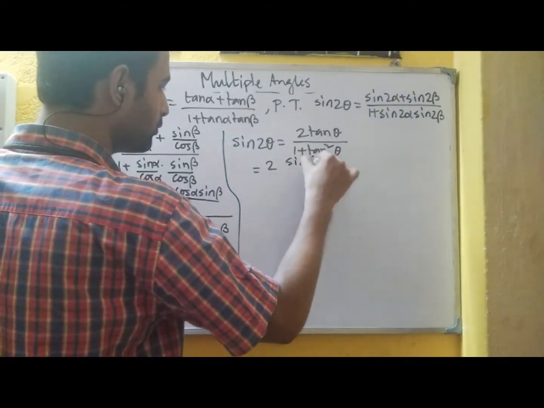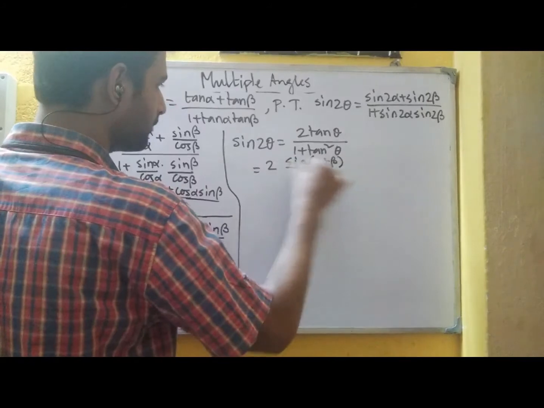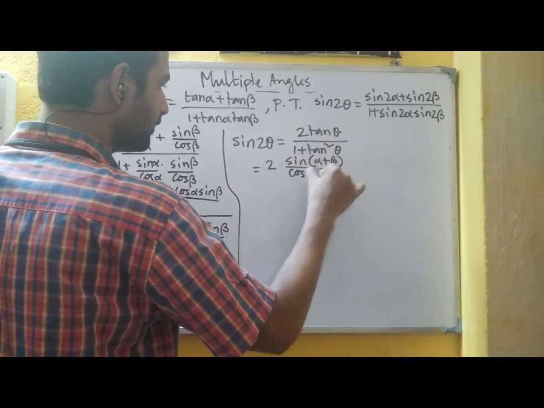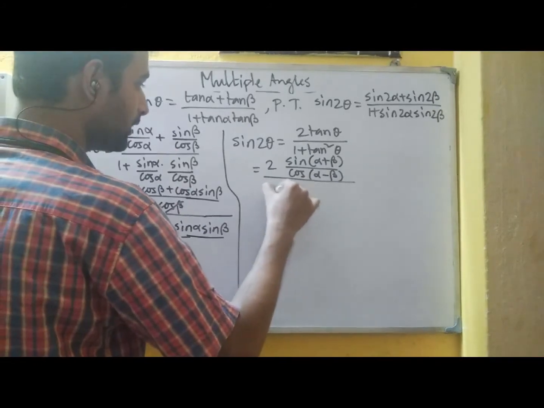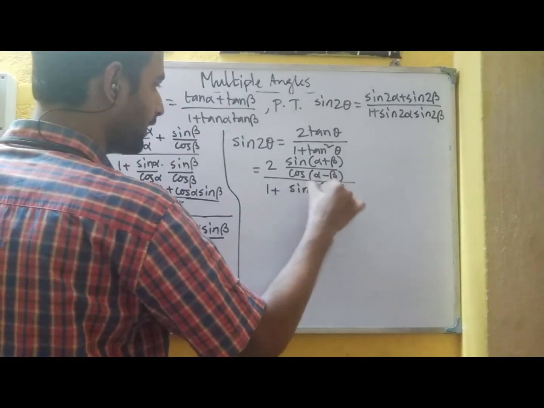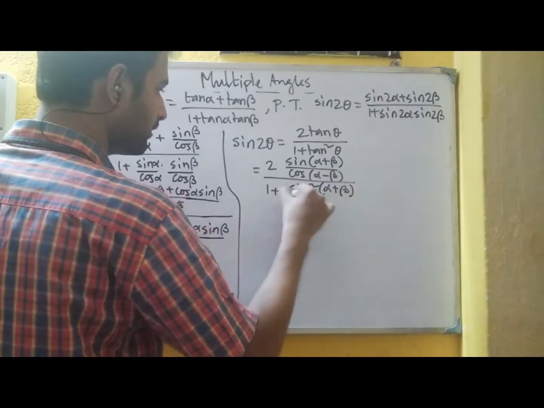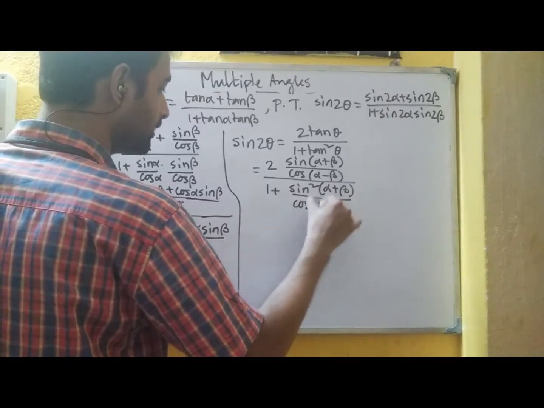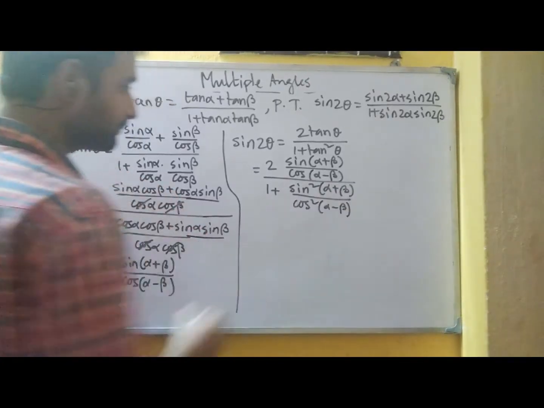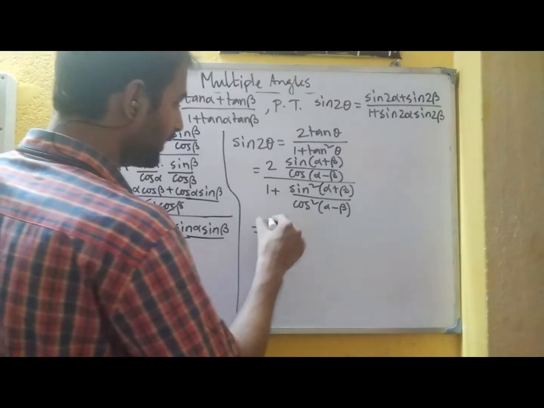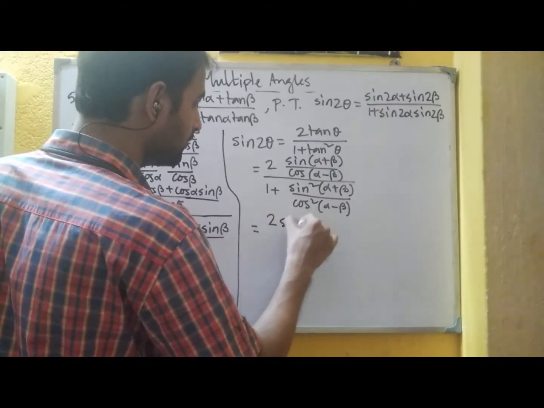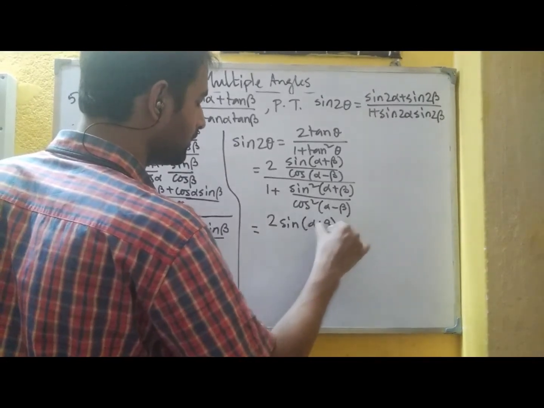It is sin alpha plus beta by cos alpha minus beta, whole divided by 1 plus sin square alpha plus beta divided by cos square alpha minus beta. So after the LCM, we can write it as 2 sin alpha plus beta.